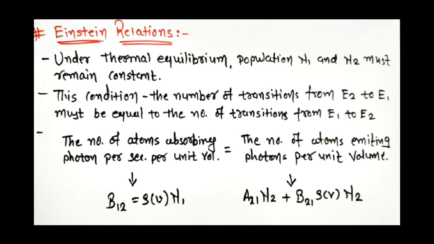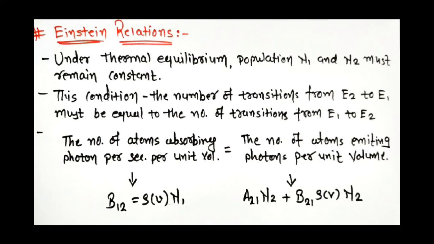Thus, thermal equilibrium means the number of atoms in the lower and upper energy levels must remain constant. The number of atoms absorbing photons per second per unit volume is equal to the number of atoms emitting photons per unit volume. Let's explain it mathematically.